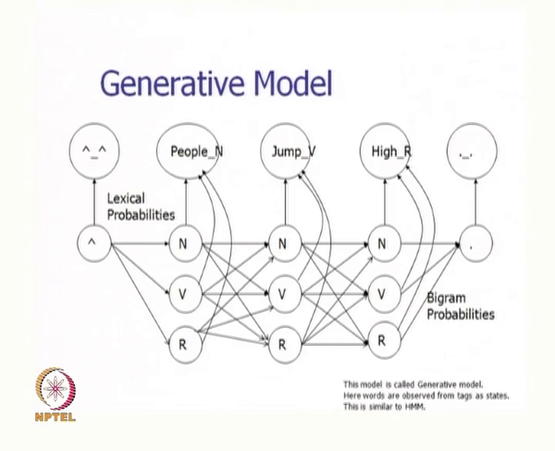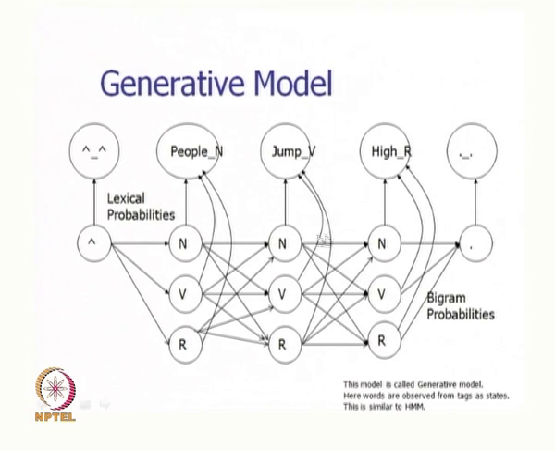The generative model shows that we can produce the tags for the word sequence by constructing a machine, which is shown in the diagram here, an automaton to be more specific. The starting of the sentence is indicated by the hat symbol, and the tag for the hat symbol is the hat symbol itself. Similarly, the sentence ends with a full stop, and the tag for the full stop is also the full stop.